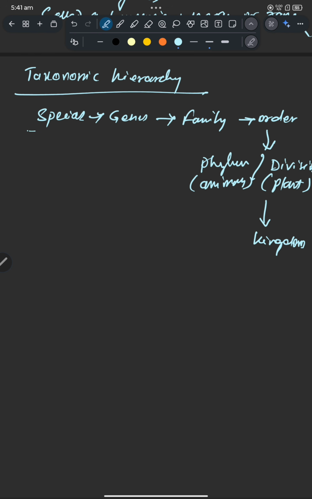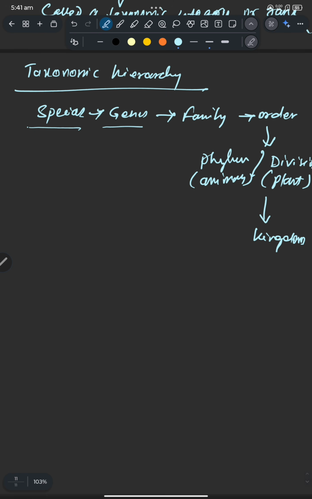First, the species you have identified, then we'll see to which genus they belong. Then a group of genus belongs to family, a group of family belongs to order, a group of similar order belongs to phylum or division in case of plant, and a group of similar phylum or similar division belongs to kingdom. So we'll discuss each and every level in the taxonomic hierarchy.